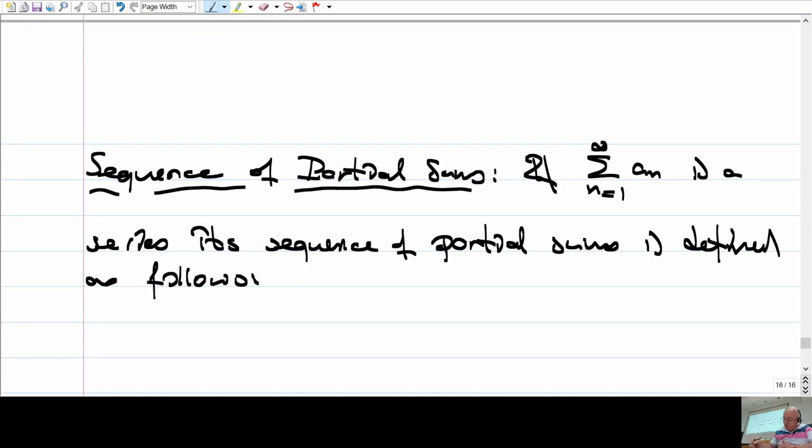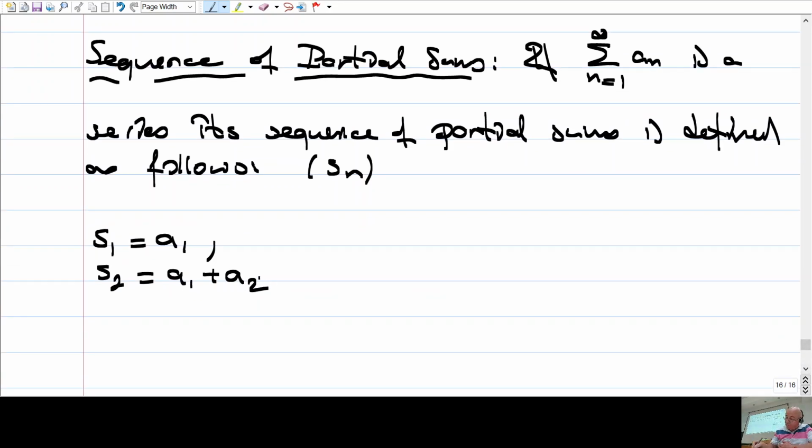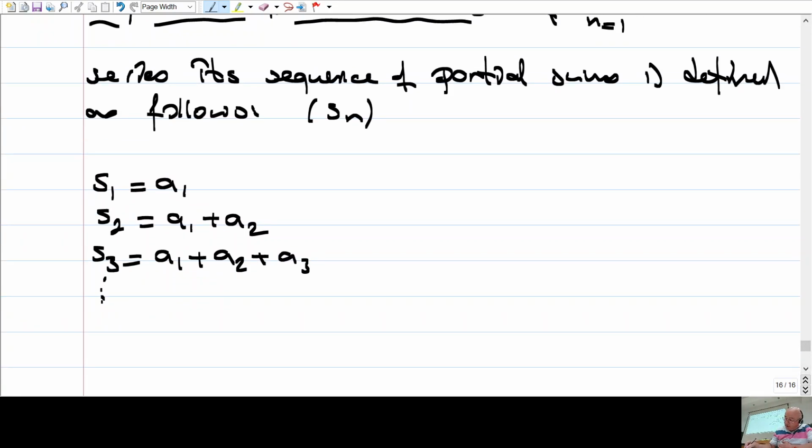It is the sequence Sn, where S1 is just the first term, S2 is a1 plus a2, S3 is a1 plus a2 plus a3, and it goes like this. The nth term of this sequence is the sum of the first n terms of the series.